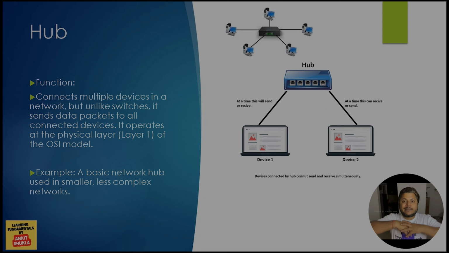So a networking hub sends data to all the devices connected to it within the network. Whatever information it is getting, it is broadcasting to all the devices which are connected to the hub. That's the work of a hub.